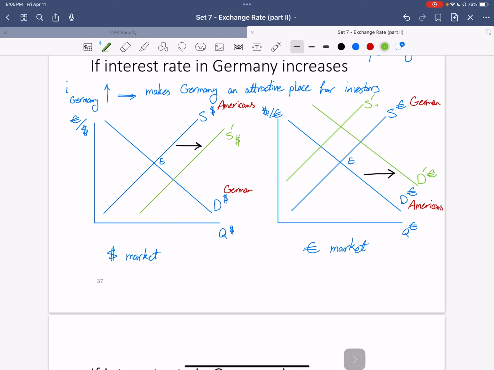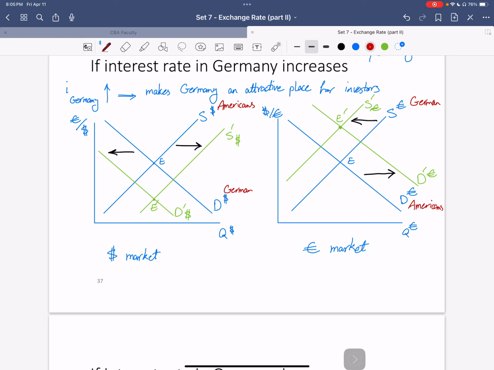They just collect the euros in the market and they're going to demand less of dollars. Now we have these two new equilibrium points. So the supply shifted in this direction, and the demand of dollar also shifted in this direction.